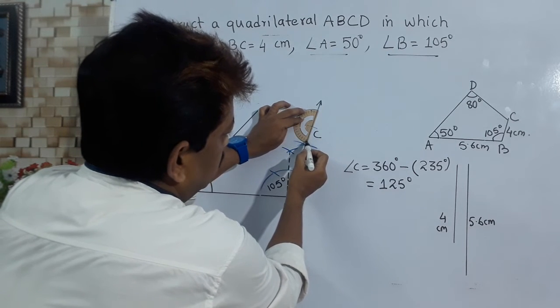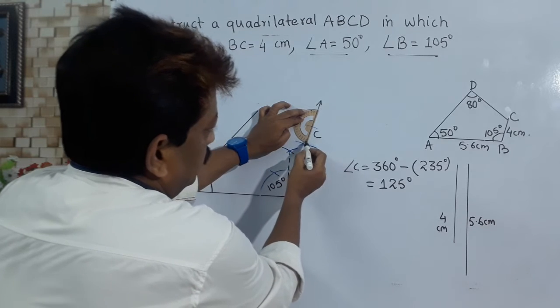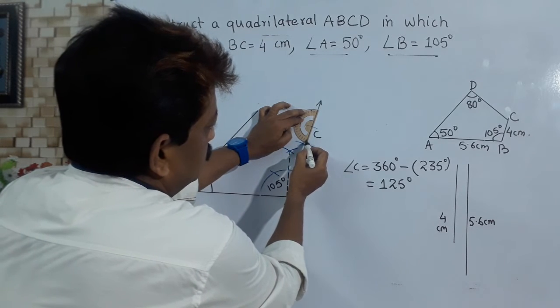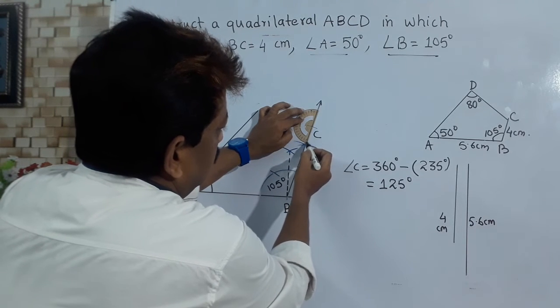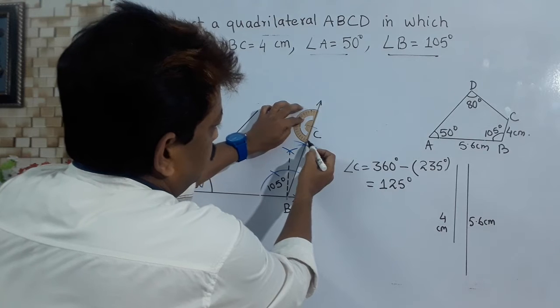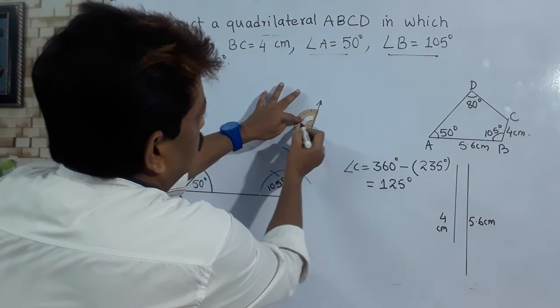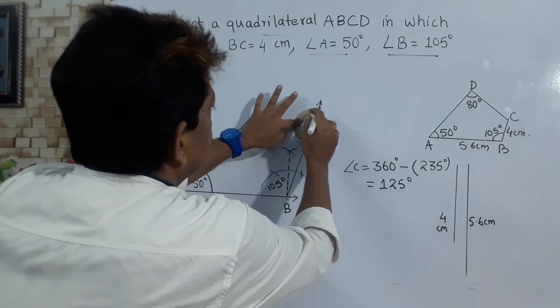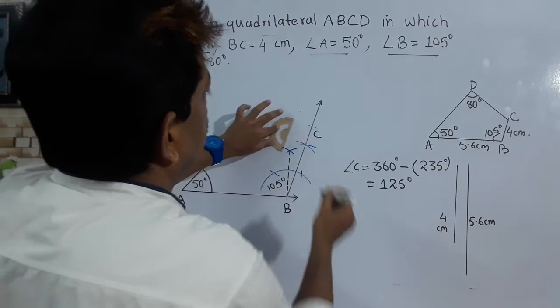Therefore, we have to use the scale which starts from 0 on this side. Okay, there are two scales. One 0 is starting from the left side, one 0 is starting from the right side. But since we are using the left side of the protractor, we have to use the 0 from the left side. Therefore, 125 degrees is here. This is 125 degrees.